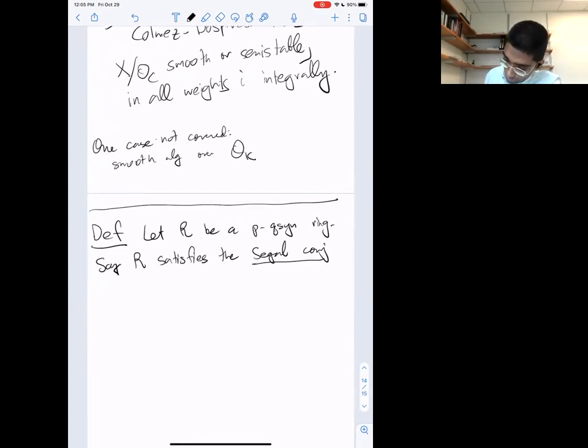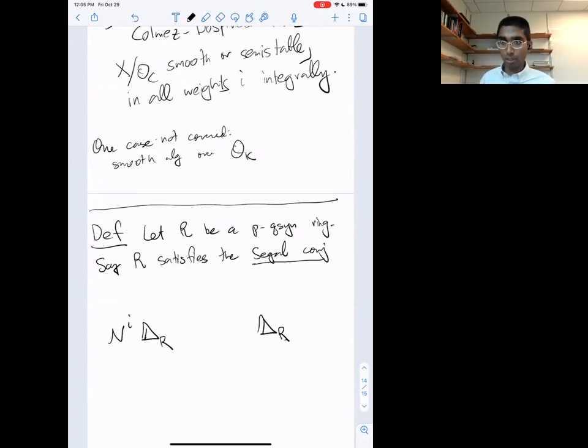I'm going to consider the prismatic cohomology of R, and there's some structure associated with this. The prismatic cohomology of R has a Nygaard filtration, and the first thing I'm going to do is take the i-th Nygaard piece of the prismatic cohomology of R.